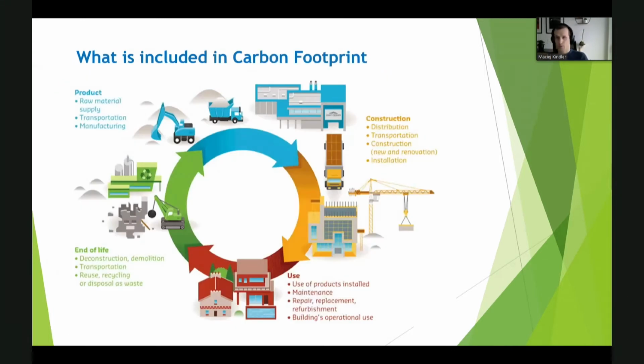So what should the carbon footprint calculation cover? In essence, it should cover everything that is related to manufacturing of the product, then construction, then the entire life cycle, the entire part where the object is in use, and finish with the end of life. It's either deconstruction, demolition, or reuse.